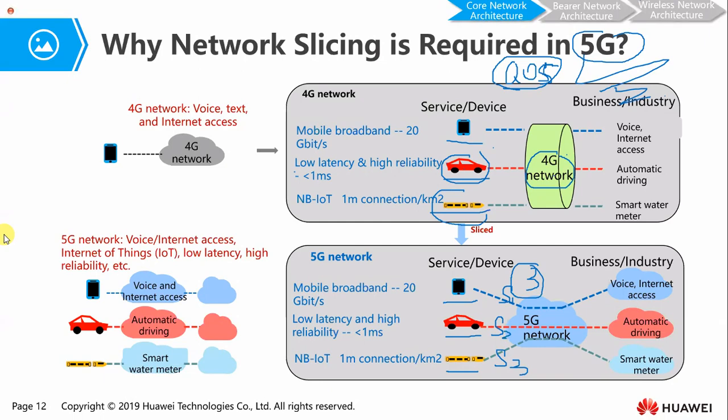If one user needs eMBB bigger bandwidth in heavy traffic, the user may not have enough bandwidth or can't be guaranteed the rate in 4G. But for 5G, with the slice, the rate and the latency can be guaranteed.